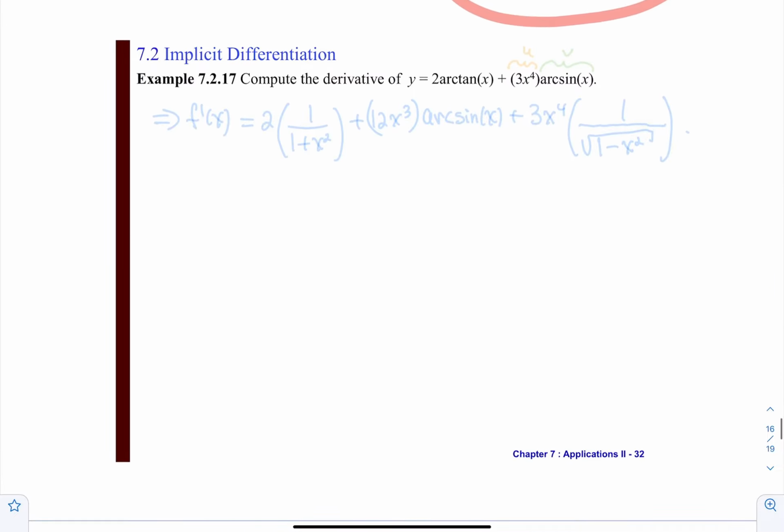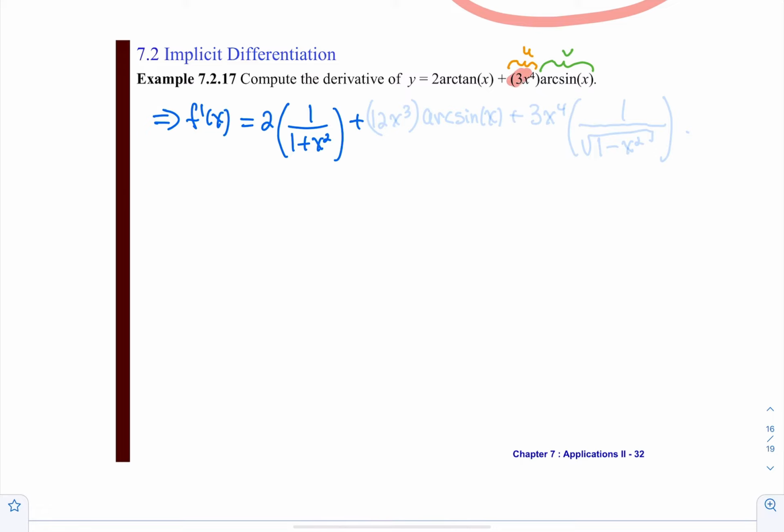Let's compute the derivative of 2 arctan x plus 3x^4 times arc sine x. Computing f prime, the first term is simply arctan, so you just have to be comfortable: this is just a new formula, so arctan is replaced by 1 over 1 plus x squared, and we keep the 2 in front of it. The second term is a product, so you use the product rule, with u for the first term and v for the second.